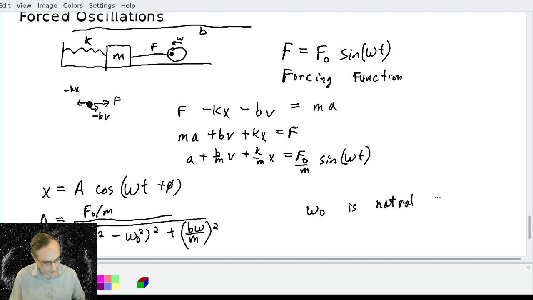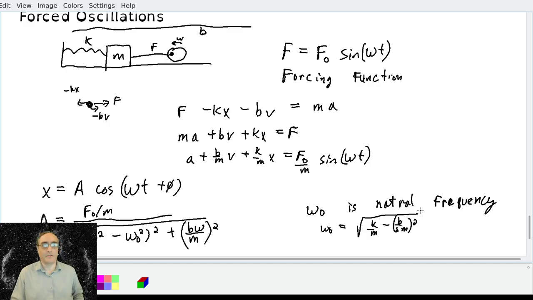Omega naught is what you would call the natural frequency. Technically, it would be the natural angular frequency. As an example, if you were looking at something like a mass on a spring, omega naught for a case like this would look something like k over m minus b over 2m squared.